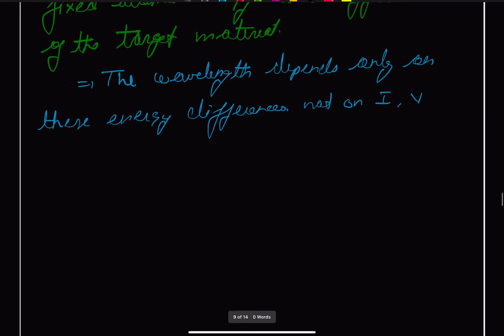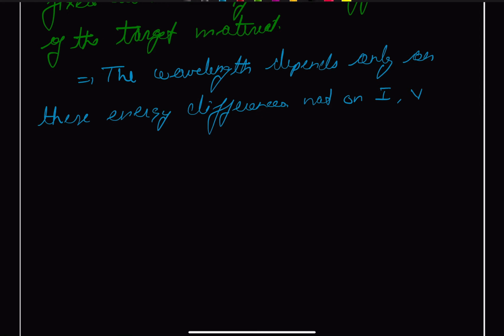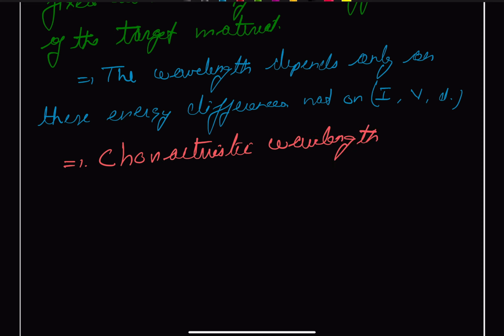Therefore, even if we change the current or potential difference, or even d, we have three parameters, the characteristic wavelength remains the same.